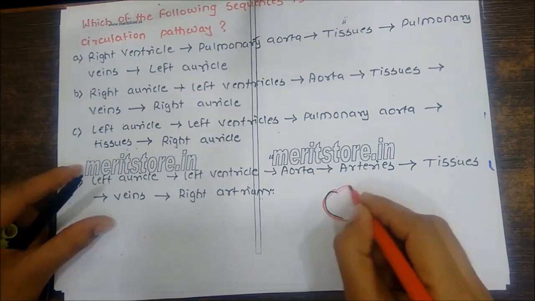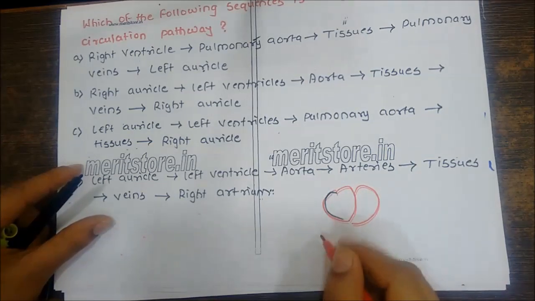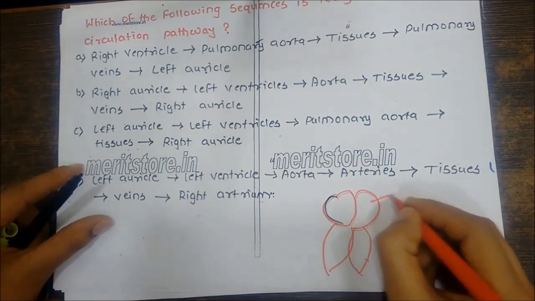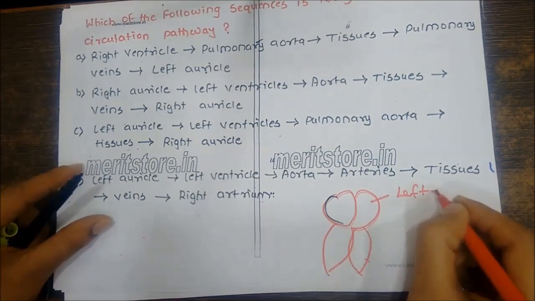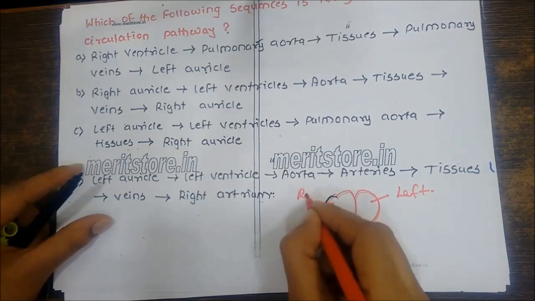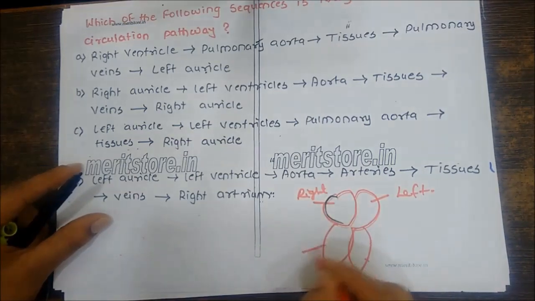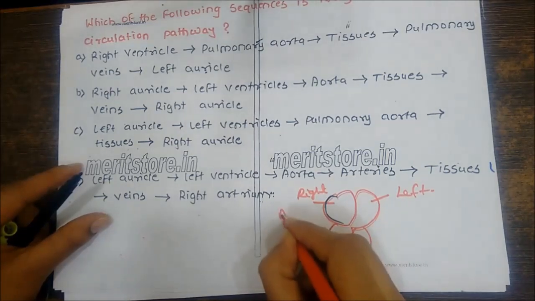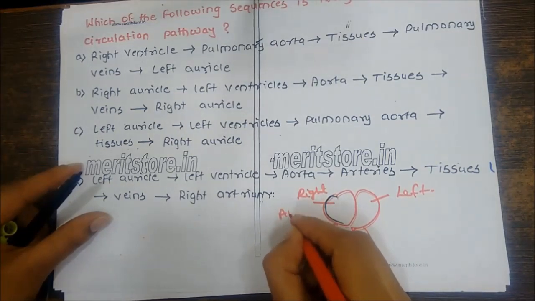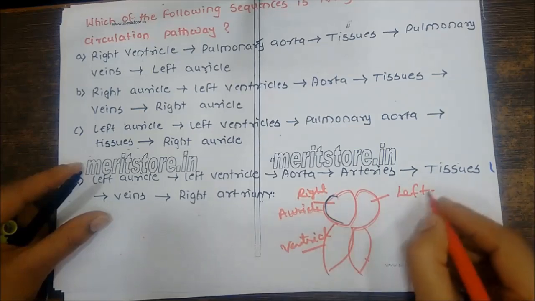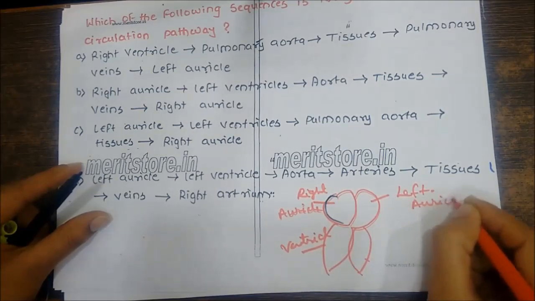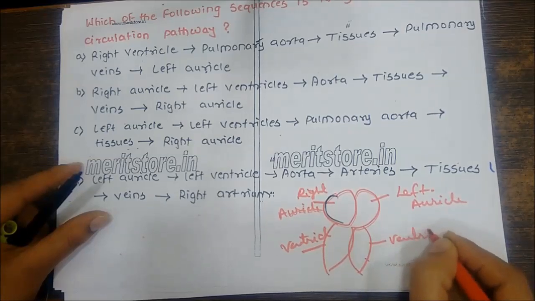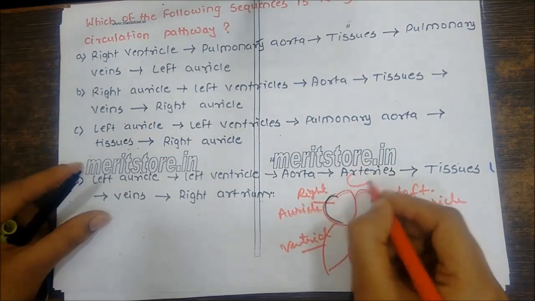Let me draw. This is our right auricle, right ventricle, left auricle, and left ventricle. This is our lung.